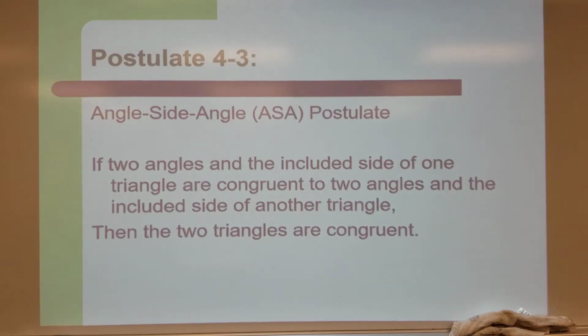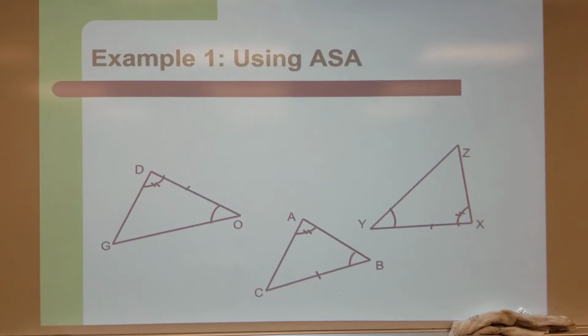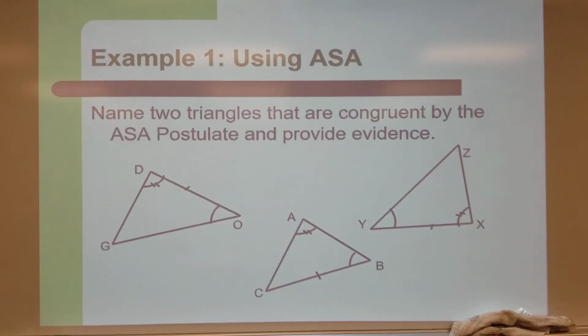Understanding how that works in proving triangles congruent is going to require that we are paying attention to what we see in the figures that we are provided with. So here is an example where we have three triangles. All right, we've got triangle DOG, triangle ABC, triangle XYZ, and the question is, which two triangles are congruent using the angle-side-angle postulate, and let's provide evidence.